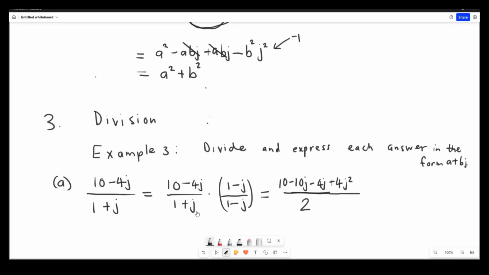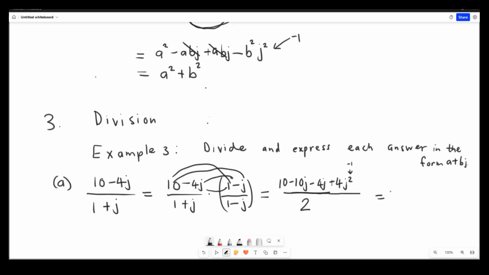So I said 10 times 1 is 10. 10 times minus j is minus 10j. Minus 4j times 1 is minus 4j. And now the last one, minus 4j times minus j: minus 4 times minus 1 is 4, and j times j is j squared. But j squared is equal to minus 1, so just be aware of that.